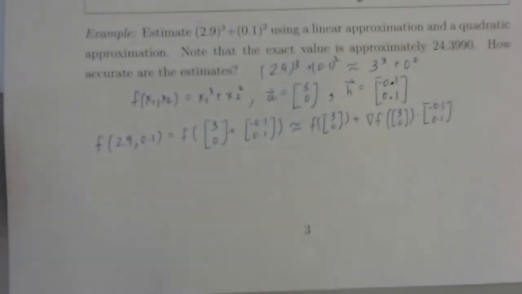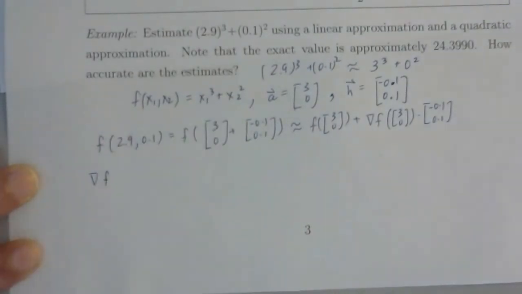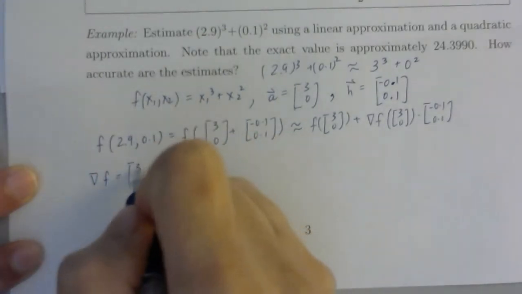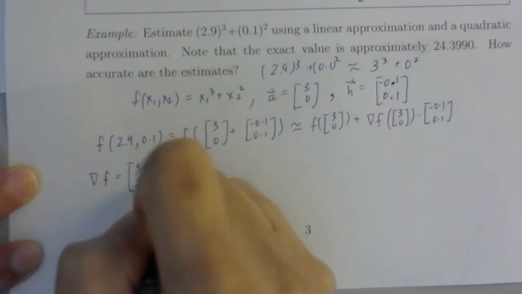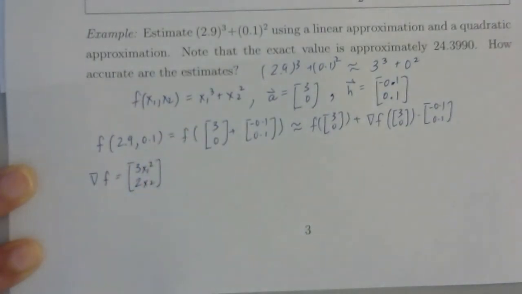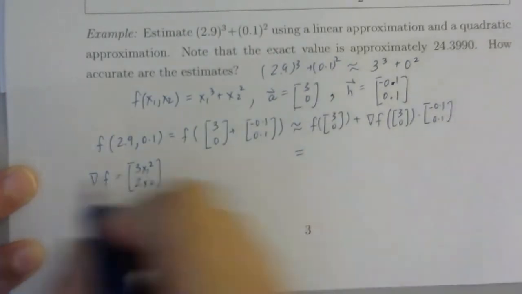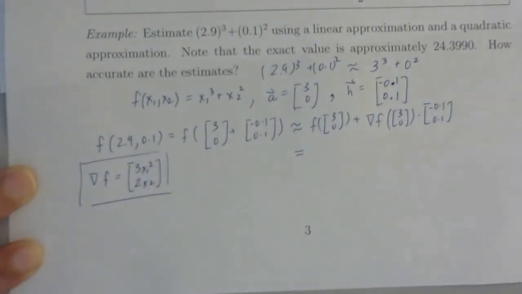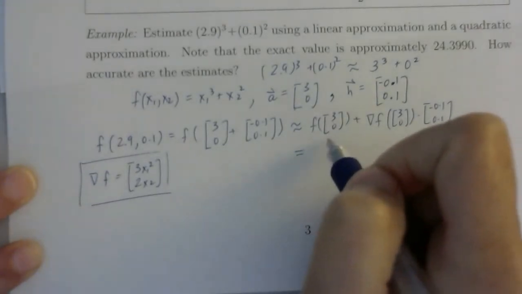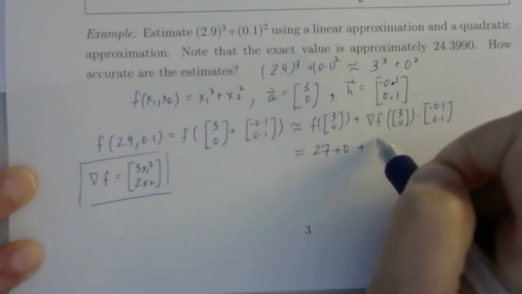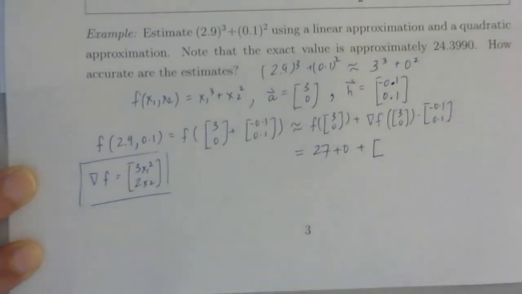Okay, so the gradient of f: the derivative with respect to x1 is 3x1 squared. The derivative with respect to x2 is 2x2. Awesome. And so this becomes, this is some side work I'll put in a box, 3 cubed plus 0, so 27 plus 0, plus the gradient at 3, 0.